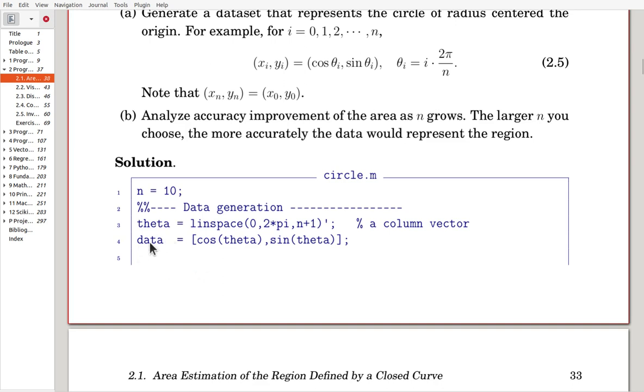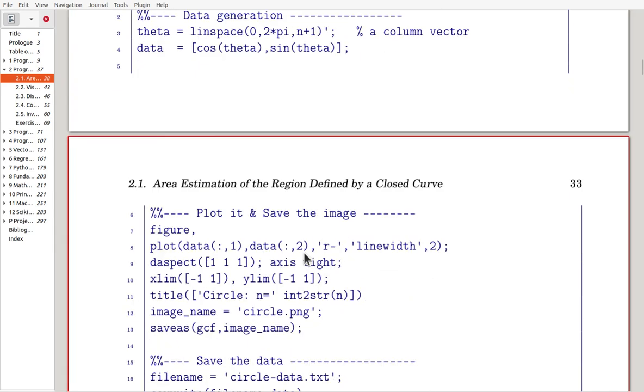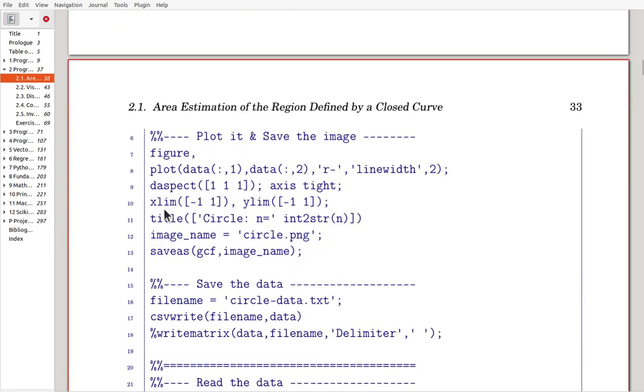So we get n plus 1 points representing n subintervals.